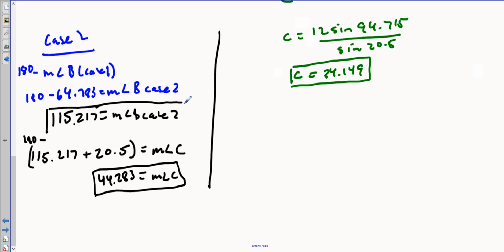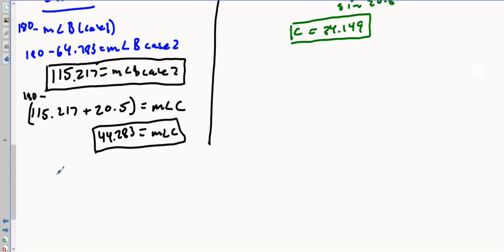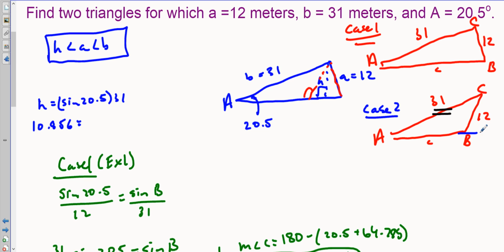So we have a new angle for B, we have our third angle for C, and now we want to find our side for C. To figure out side C, once again, we're going to take the sine of 20.5 over 12, because that's from our original.